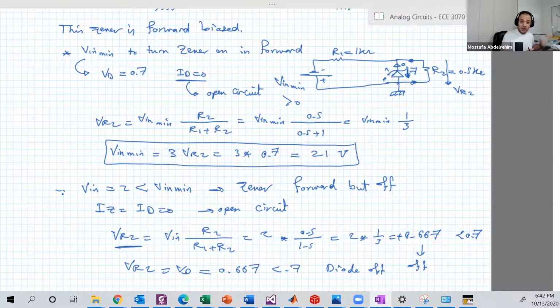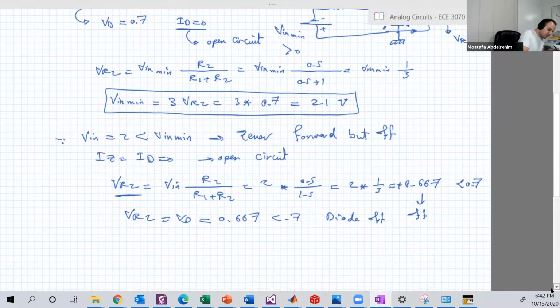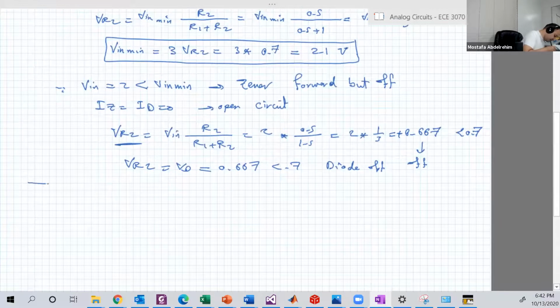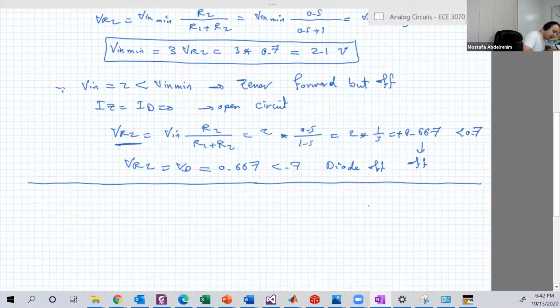Let's do it another way, another solution. Okay, so let's go down here and draw again the circuit.